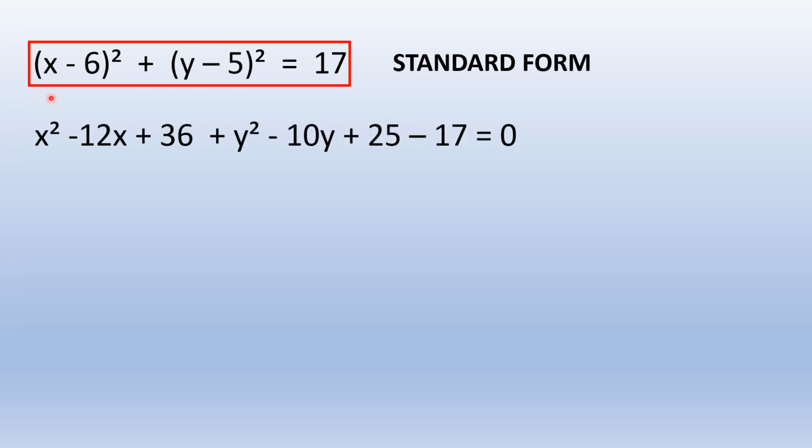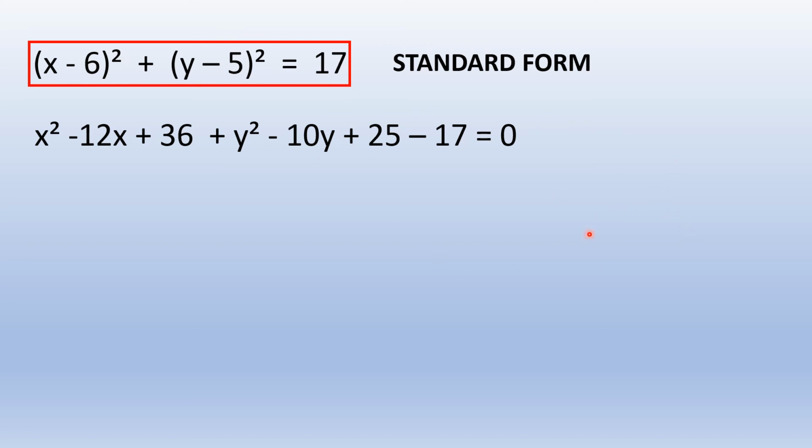So it is equal to x squared minus 10x plus 25. Ito rin, (y minus 6) squared. So this means y minus 6 times y minus 6. So that is y squared minus 12y plus 36. Minus 17 equals 0. Kasi i-equate natin sa 0 kasi nga isusulat natin siya sa general form.